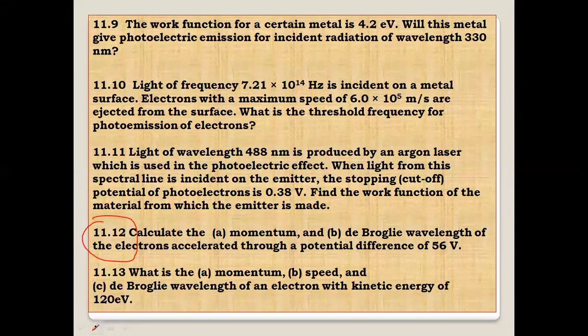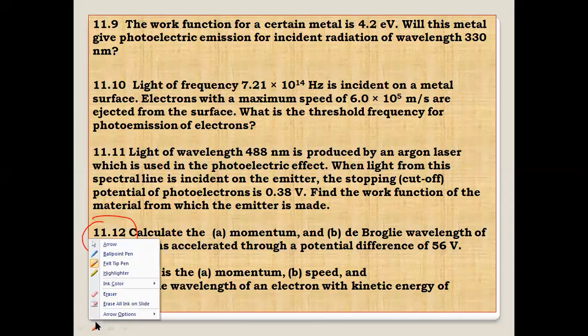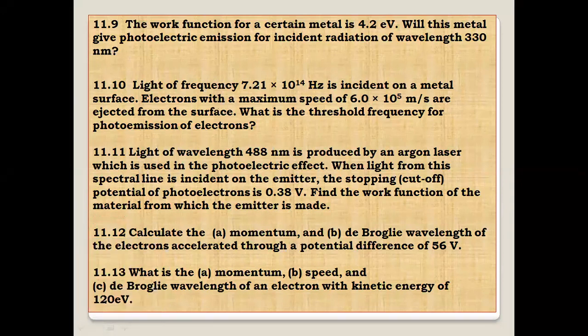What is A, the momentum; B, speed; and C, the de Broglie wavelength of an electron with the kinetic energy of 120 electron volt.